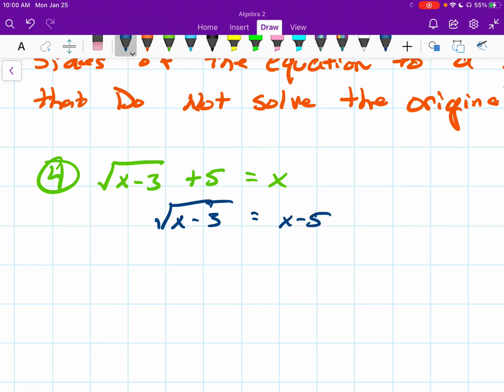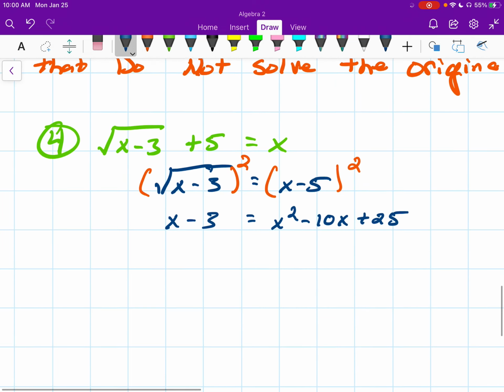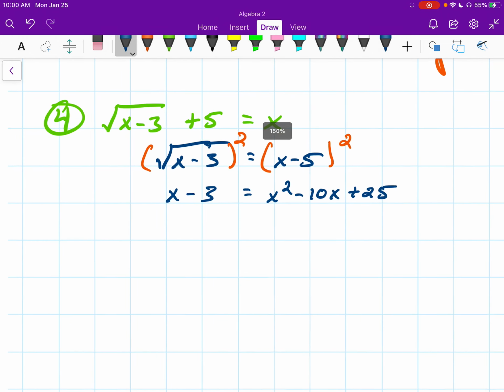Well now, just like you'd expect, we're going to square this. So the left side gets squared, the right side gets squared. The left side turns into x minus 3. Whenever we square the right side, it's going to turn into x squared minus 10x plus 25. Now these equations we should know how to solve.